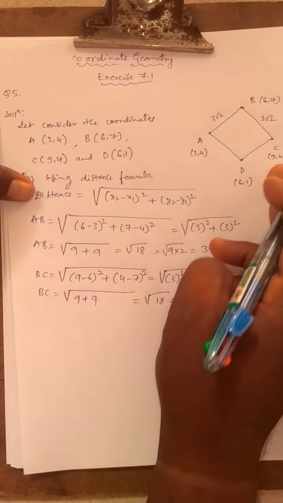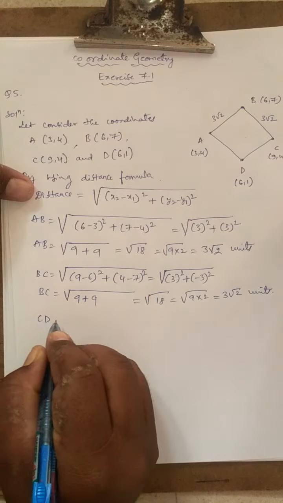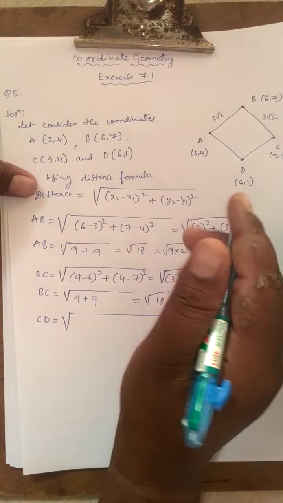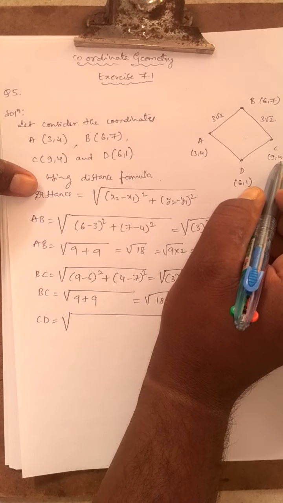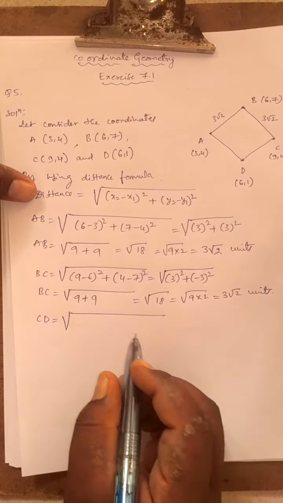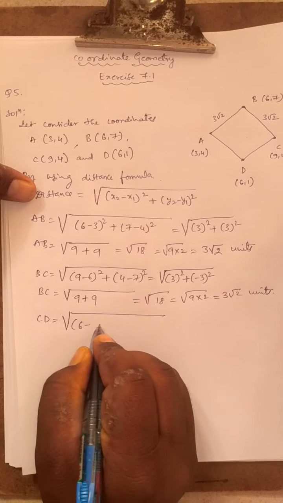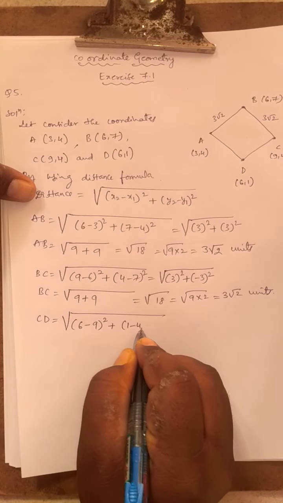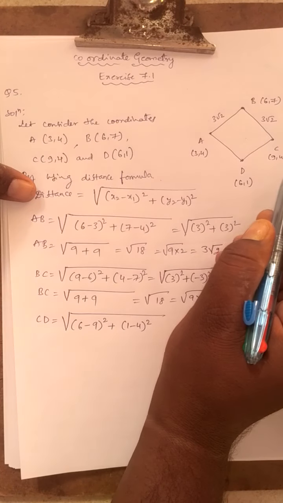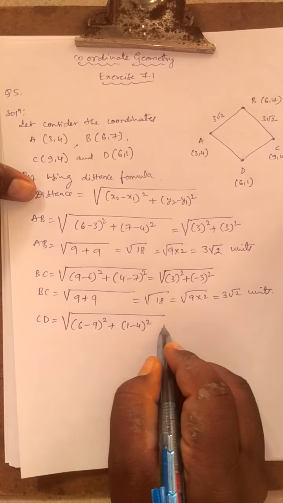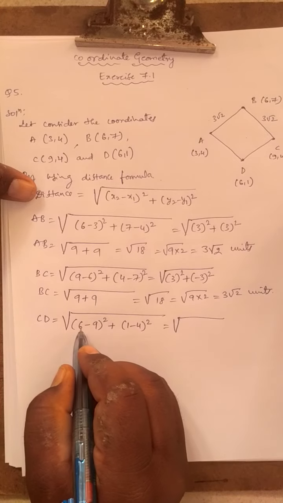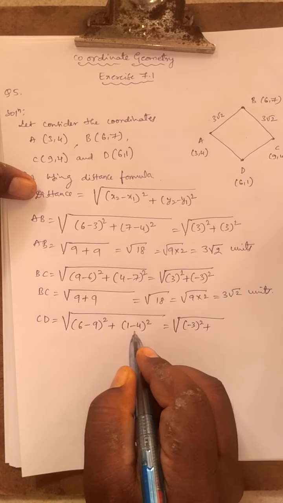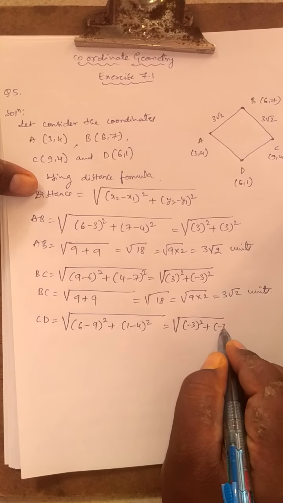Next, CD. How to find the distance from C to D? Take this as x1 y1 and this as x2 y2. So what happens? 6 minus 9 square plus 1 minus 4 square. Which implies 6 minus 9 is minus 3 square plus 1 minus 4 is minus 3 square.